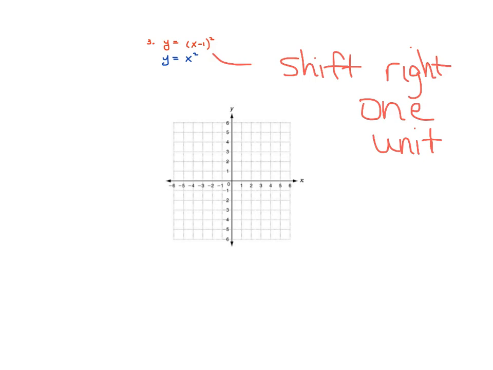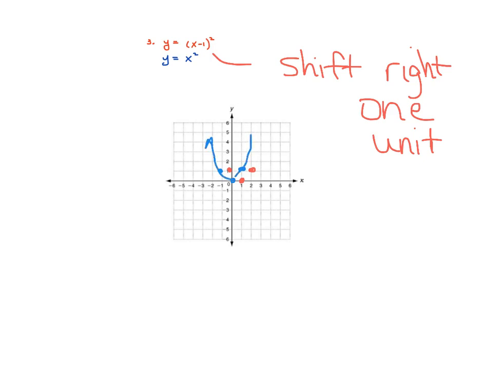So for this one, again, I'm going to graph the parent. So the 0, 0, the -1, 1, the 1, 1. And now I'm going to shift all of my 3 points 1 unit to the right. So my new graph here will be this one over 1 unit to the right, 1 unit to the right, 1 unit to the right. So let me connect my U here.